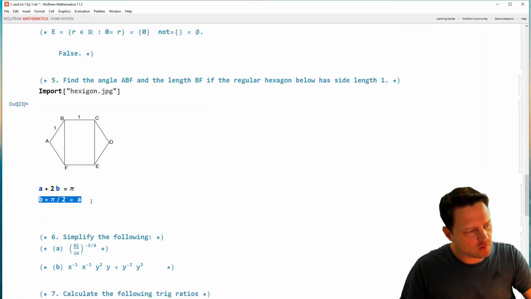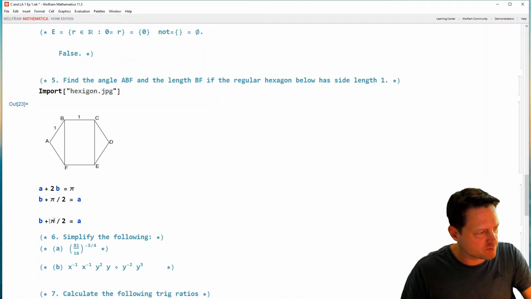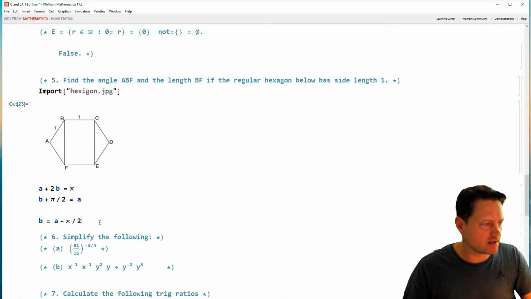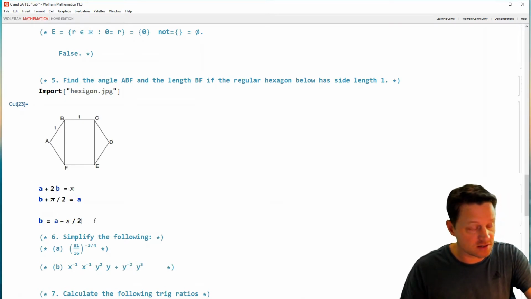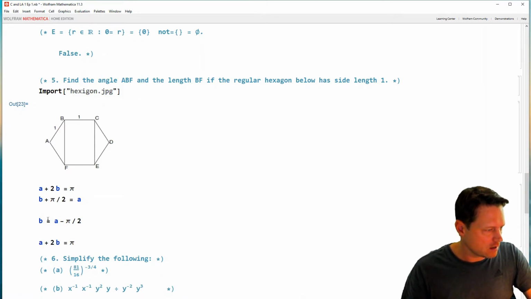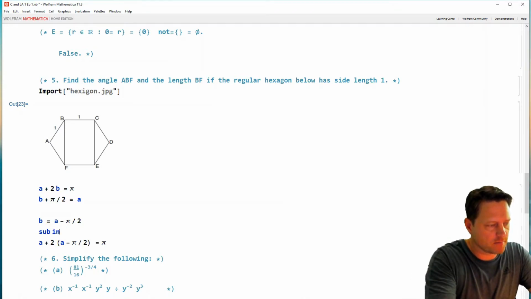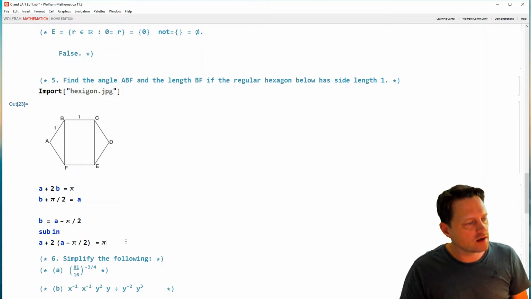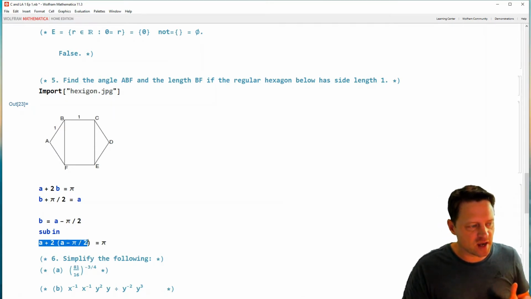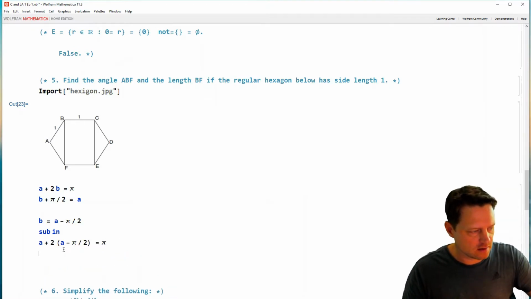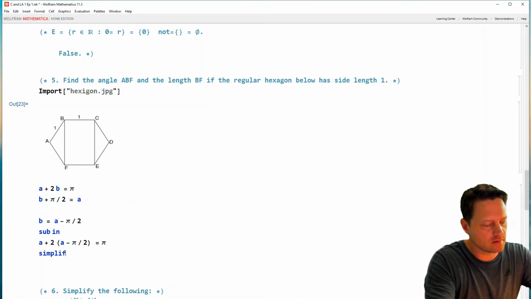So I'll take the second one and I'll just write that as b equals a minus pi on 2, and then we'll sub into the first equation there. So I'll take this, I'll put it right here, and we'll say sub in. Okay, so that's what we're doing, and now we need to expand the left-hand side and simplify this. Okay, so again, working by hand, so simplifying.